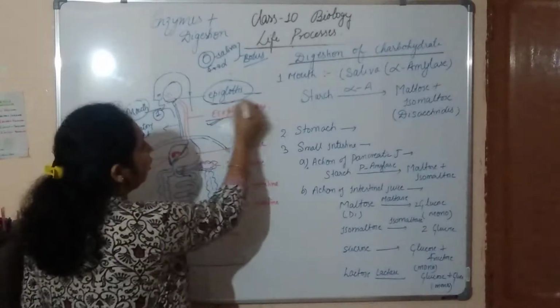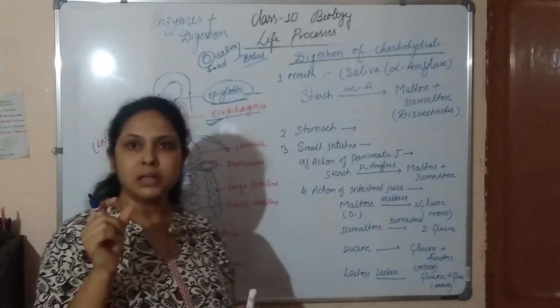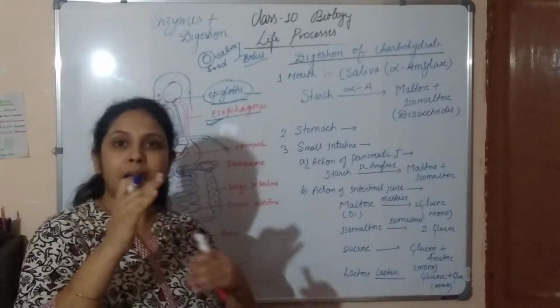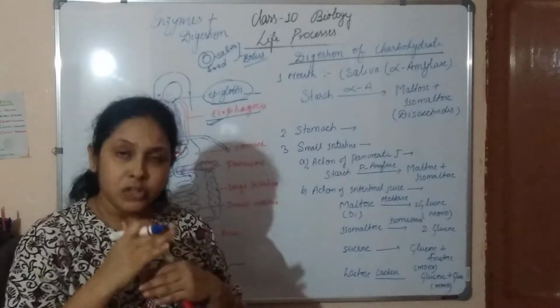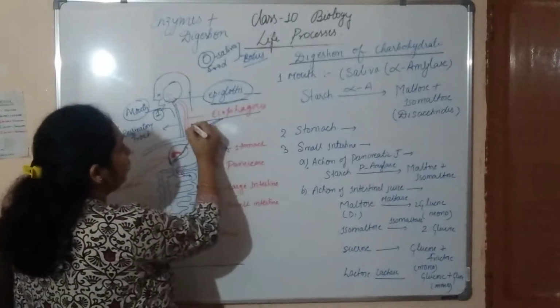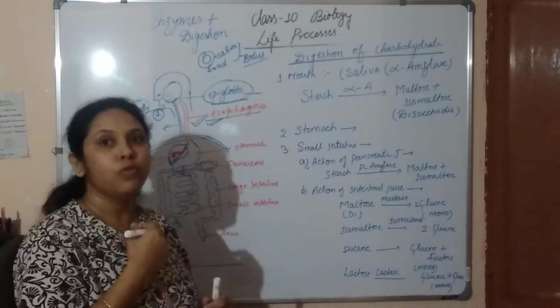But the epiglottis is a small muscular structure that ensures the food enters the esophagus, our food pipe.